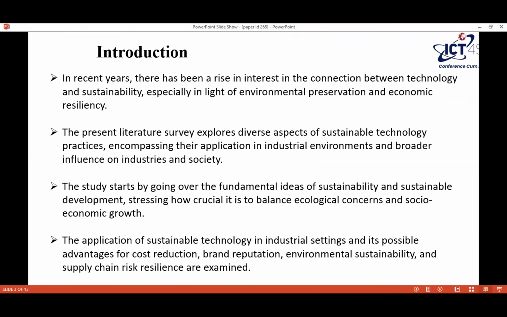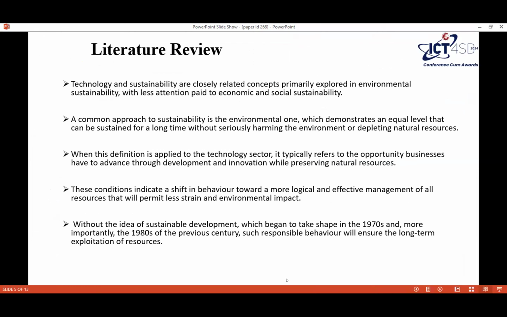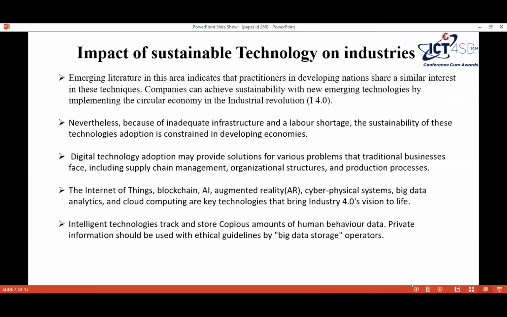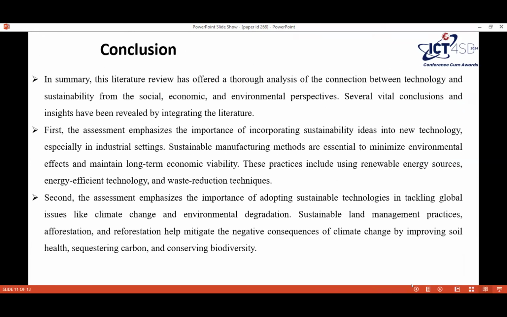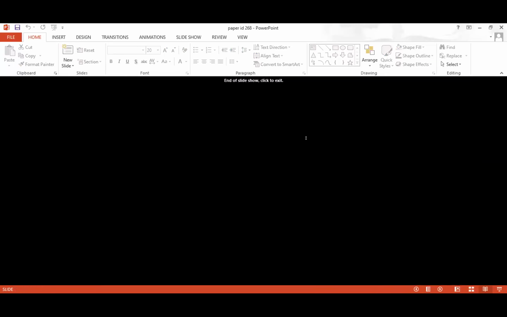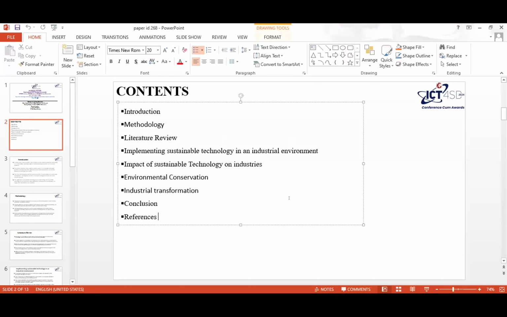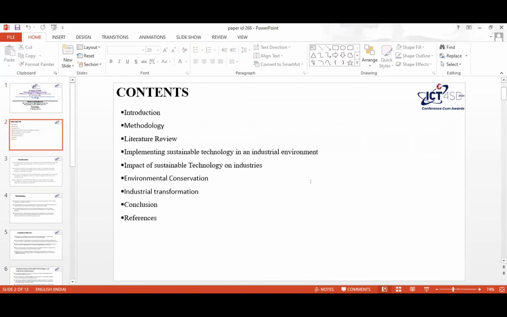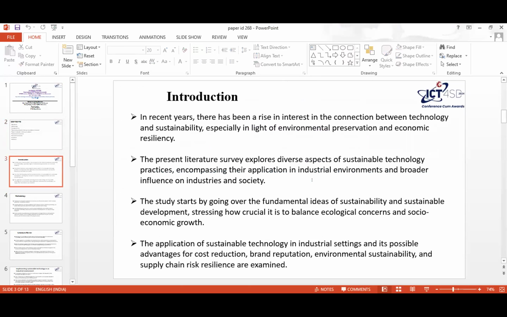The introduction talks about how, in recent years, there has been a rise of interest in the connection between technology and sustainability, especially in the light of environmental preservation and economic resilience.